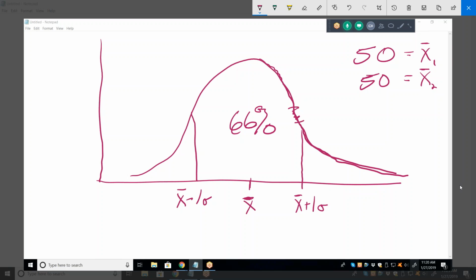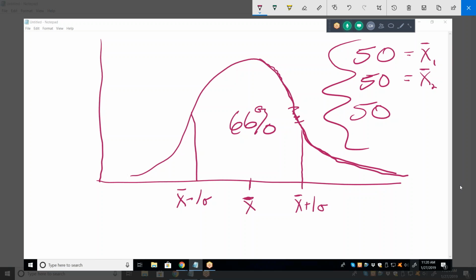So if you did a particular sample level, you would know that if I did 100 of these, 50 at a time, I would have a 66% confidence interval level that the true mean is going to fall. In other words, 66% of my results are going to give me the true mean.